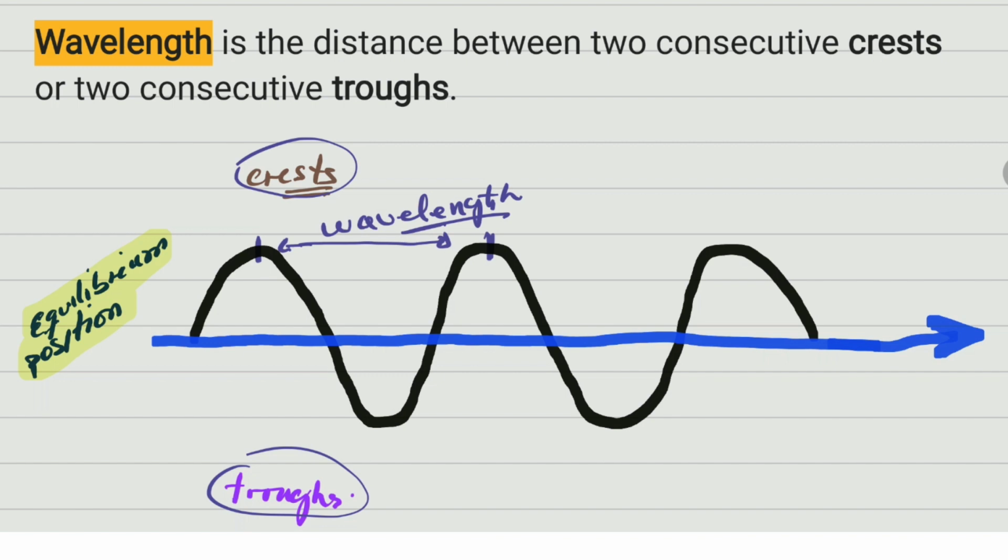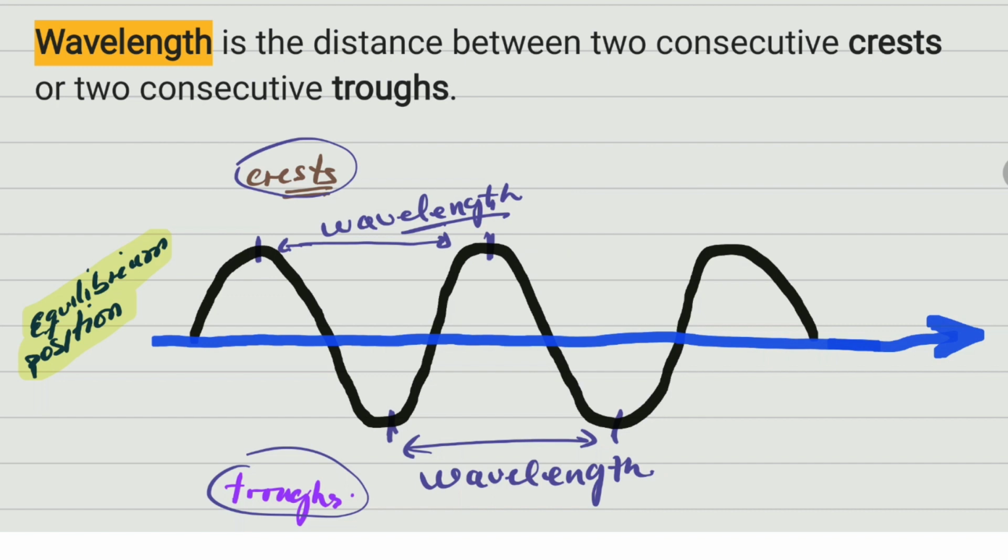That is one wavelength, or two consecutive troughs. This one here is also one wavelength. That is another wavelength.